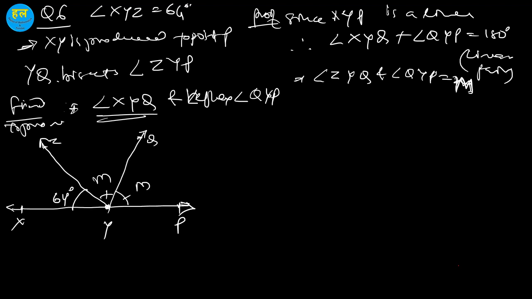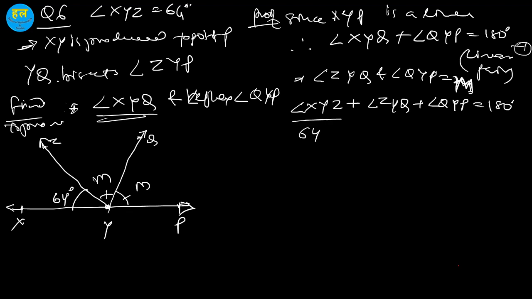Therefore from equation number 1, this can be written as angle XYZ plus angle ZYQ plus angle QYP is equal to 180 degree. So XYZ is 64 degree plus 2M is equal to 180 degree.